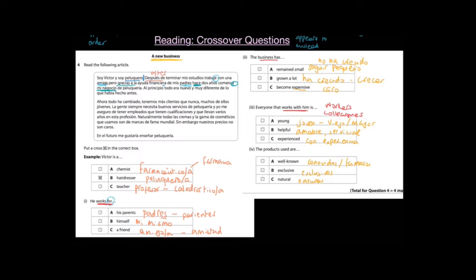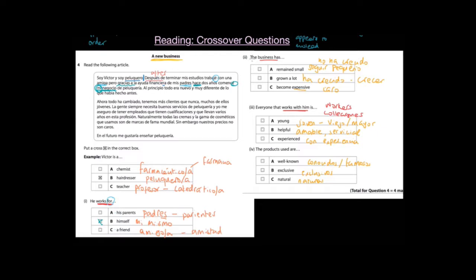So he worked with a friend, he had his parents' financial help, but who does the business belong to? Himself. Mi negocio, my business. So the answer is he works for himself. Be careful, you've got here the 2 distractors, but the answer is the one that doesn't actually appear as mi mismo. All you need to understand is mi negocio, my business.